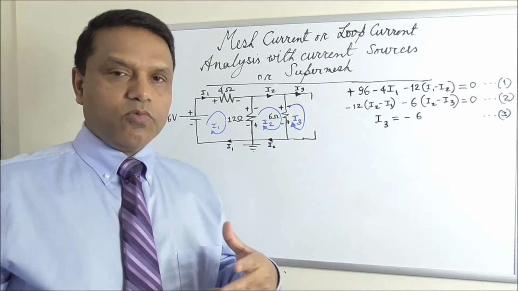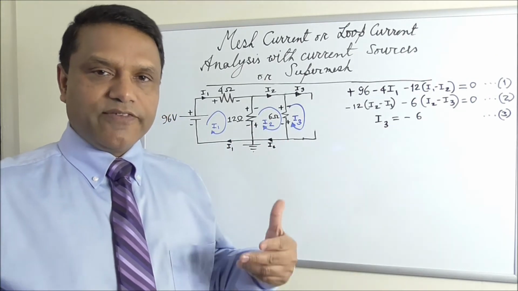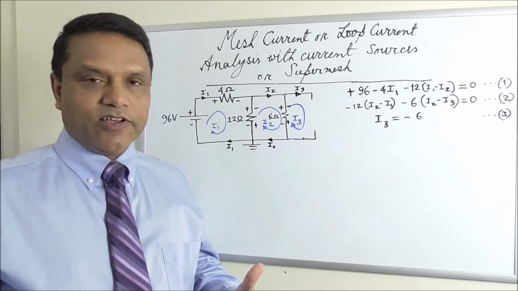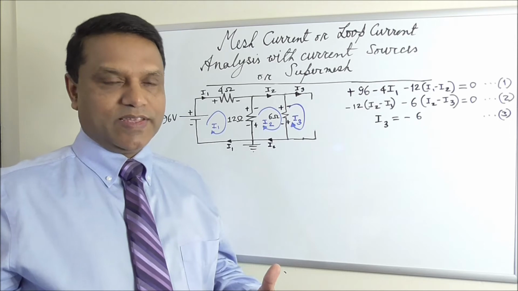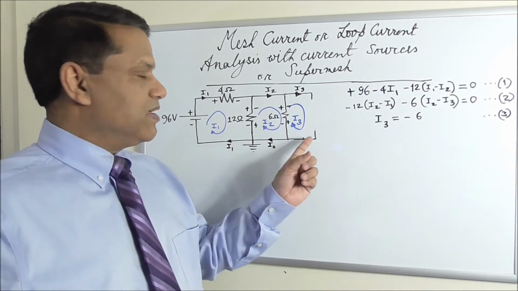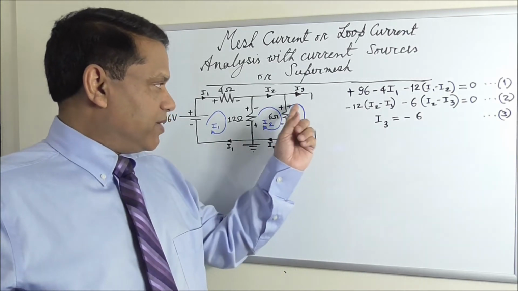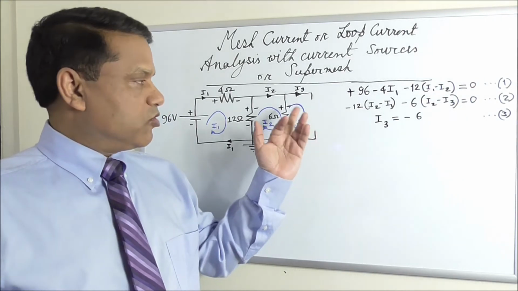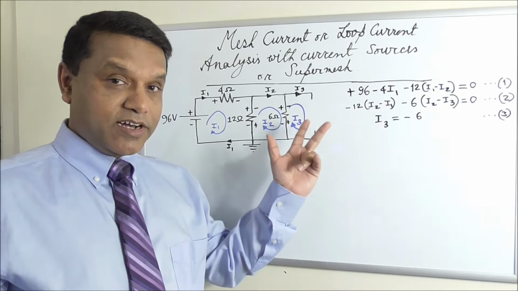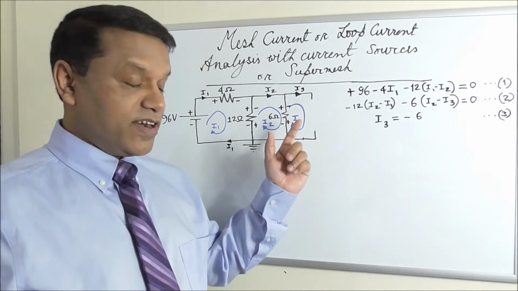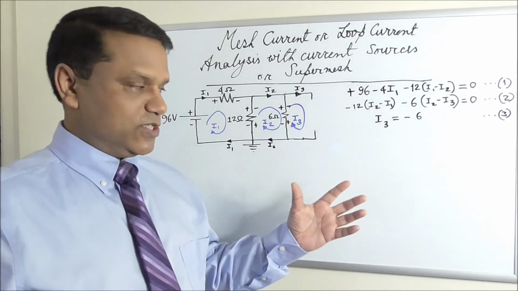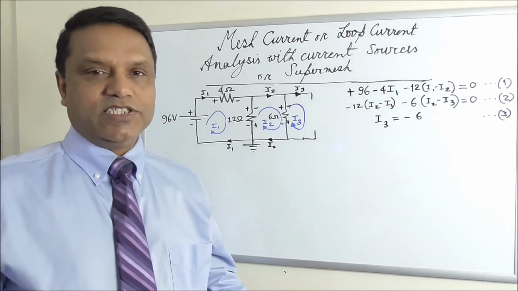So if you mentally remove all the current sources, you will be left with some loops, and you have to write KVL equations only for those loops. In this case, this loop and this loop. Because in this loop you do not have a complete connected path, you do not have to write this equation. But you will immediately know that you will get a different equation, not KVL, which will be an easier equation like this one for each current source.